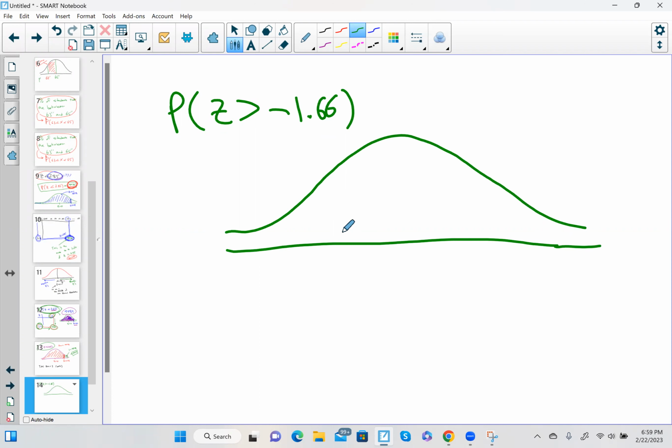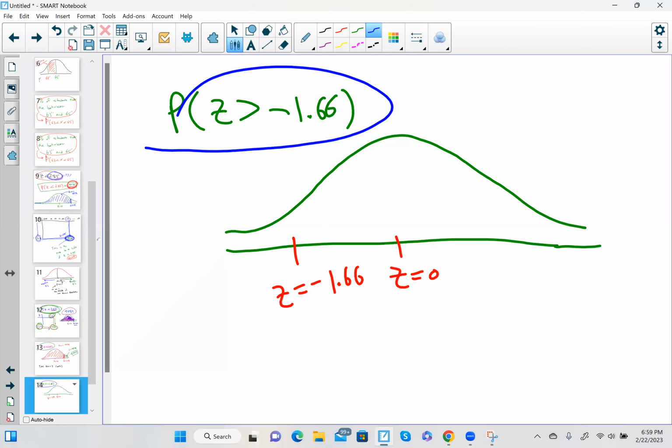We're going to mark off a negative 1.66. Now we need to be careful. Z equals 0 is in the middle, and a negative Z-score is to the left, so it's going to go over here. The area they want is above it, all of this area.